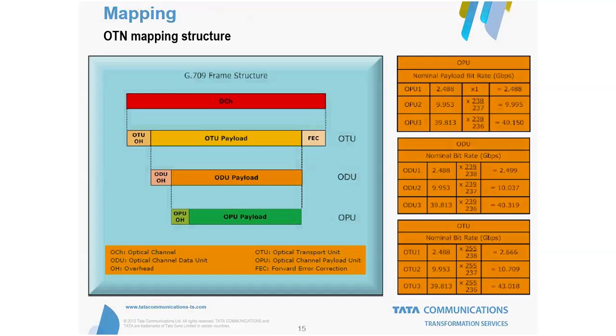First is the optical channel. I hope you can compare this with the previous slides we saw earlier. Inside the optical channel, you have this OTU payload, which is optical transport unit payload, and of course its overhead and FEC. This OTU payload will have the ODU payload and the ODU overhead, and the ODU payload will have the OPU payload and the OPU overhead.